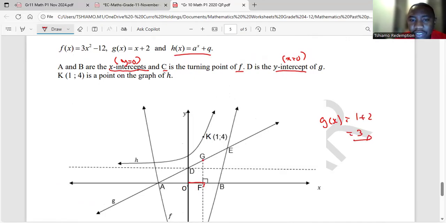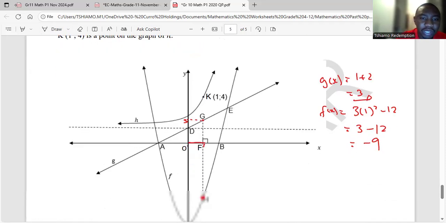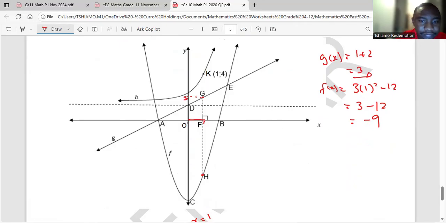So meaning here, the value is 3. And then the other one, f of x, 3 times 1 squared minus 12, which is 3 minus 12, which is minus 9, meaning the value of y there is negative 9.